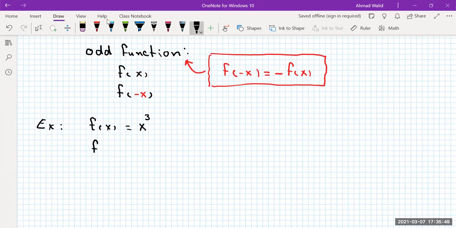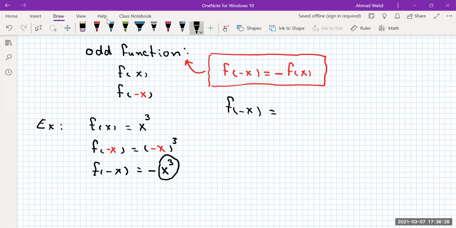It means I'm looking for f of negative x, correct? f of negative x equals negative x cubed. Then you can say f of negative x equals negative x cubed, which gives you negative x cubed. Clearly, here you can see that f of negative x equals the negative of your function.